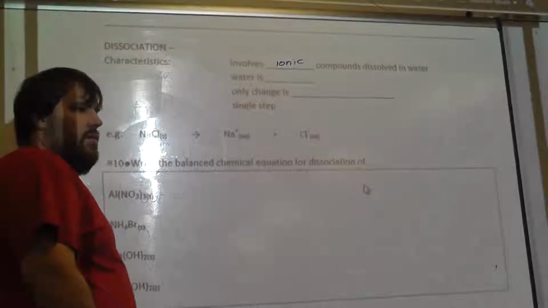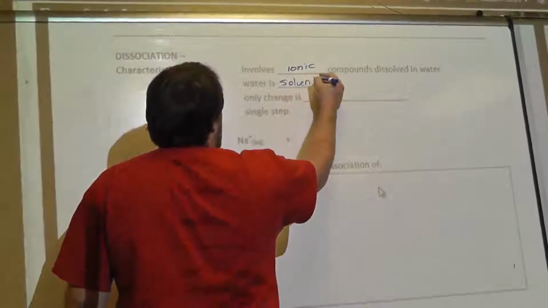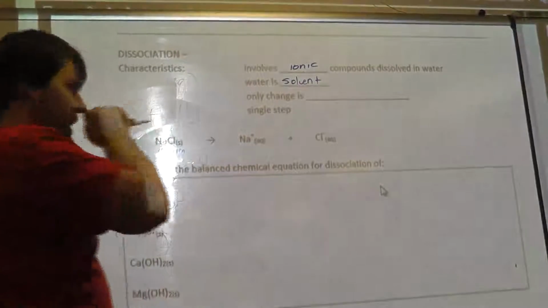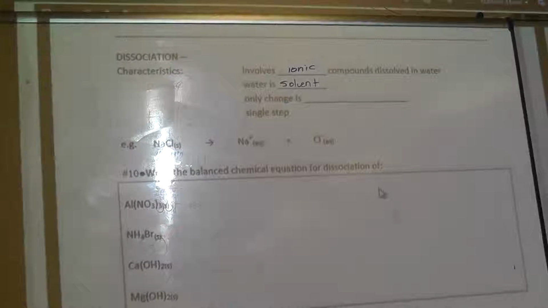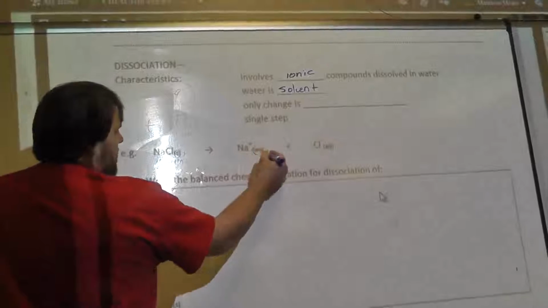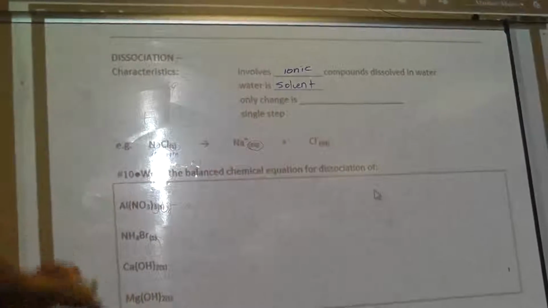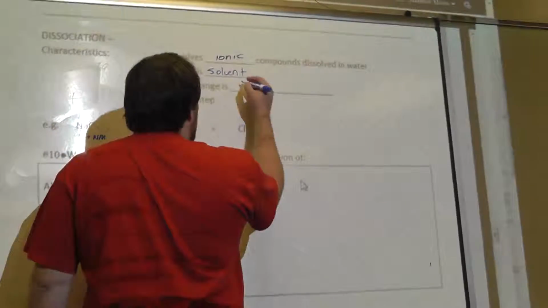Water is the solvent. Look at what it starts out as. It starts out as a solid, ends up as an aqueous. Did I change what the stuff was? No. So the only change is the state of matter.